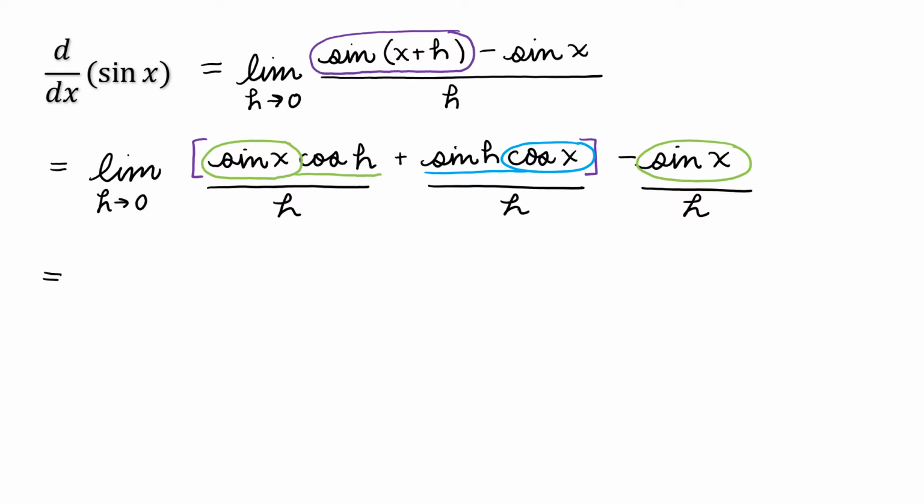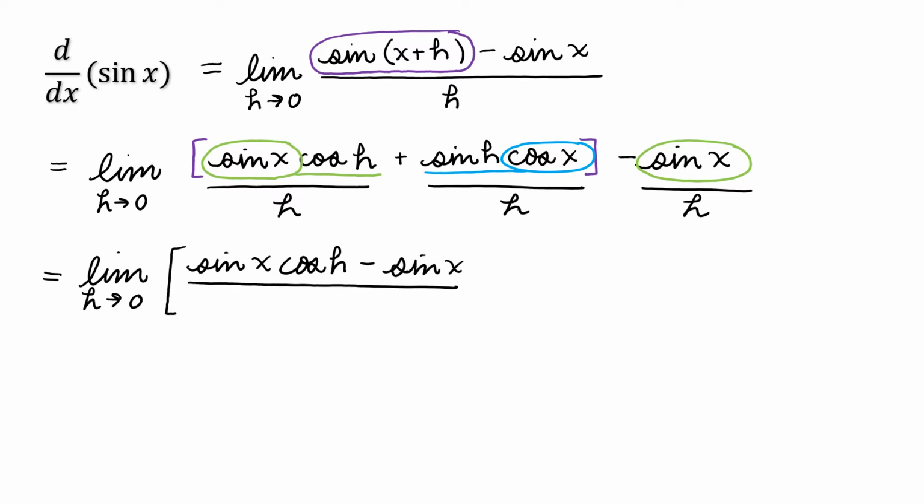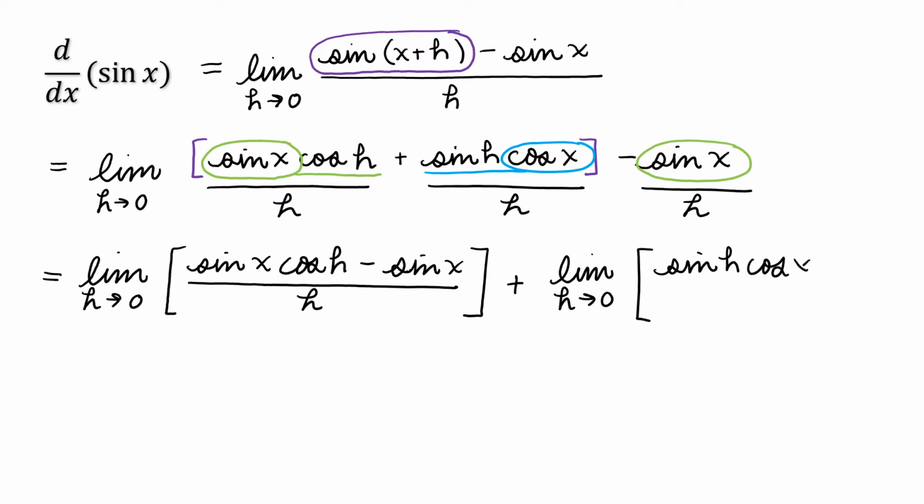So this will be equal to the limit as h approaches 0 of, let's group our sine of x terms together. So we have sine of x cosine of h, minus sine of x, all over h, because we have that common denominator of h. And we're adding the limit as h approaches 0 of our sine of h, cosine of x, all over h.